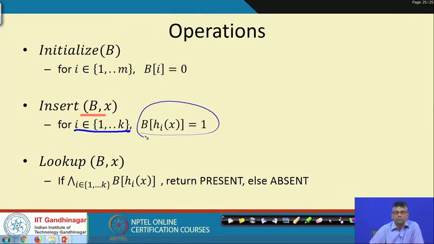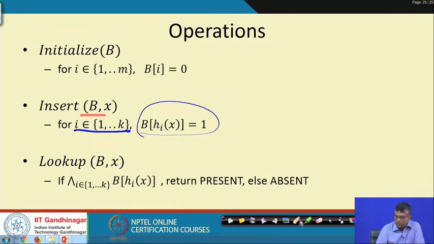That is it. The interesting thing happens, as we saw, when we are looking up a particular x, which is now a query that may or may not have been inserted in the Bloom filter. Now we are trying to answer the question: is x in the set already, has x been added to the Bloom filter yet?